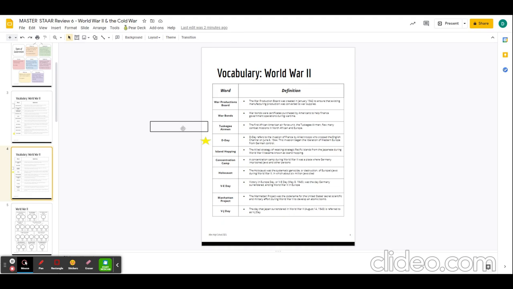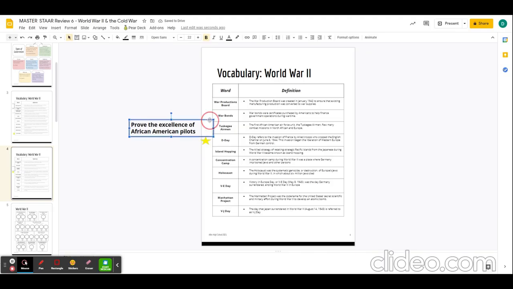The Tuskegee Airmen, we need to remind ourselves, we learned about the Tuskegee Airmen when we studied this unit. And these are a unit of African-American pilots. They trained in Tuskegee, Alabama. That's where they get their name from.